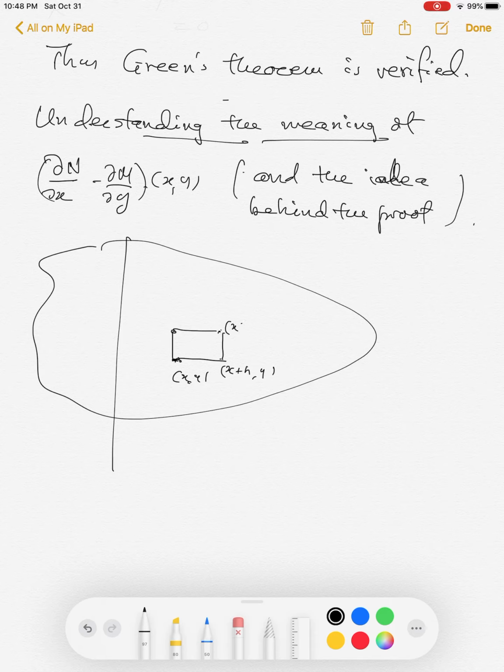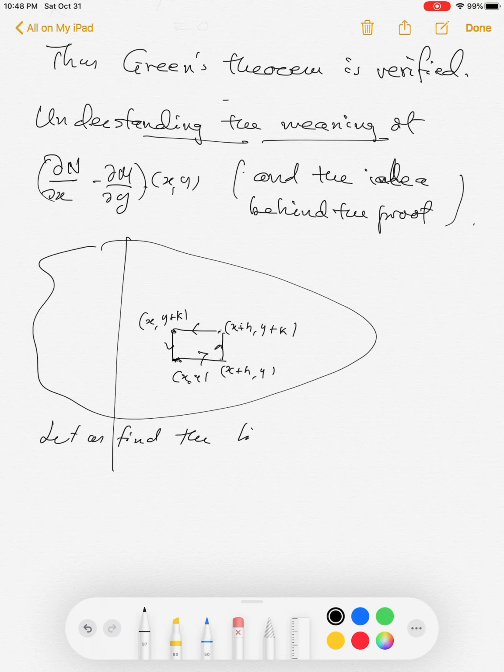The coordinates of the corners are (x, y), (x plus h, y), (x plus h, y plus k), and (x, y plus k).